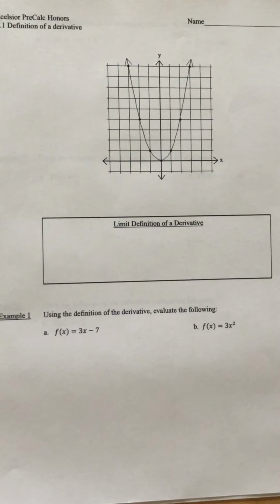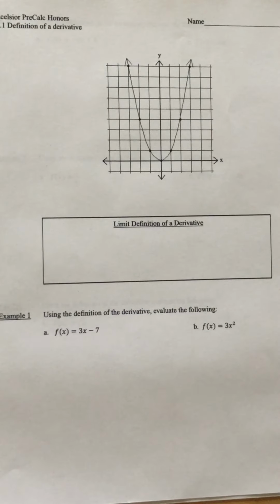Wherever you see an x, you're going to make it x plus h. So we're going to do 3 times x plus h minus 7. And then we're going to subtract the original function, so make sure you put parentheses. And that's going to be all over h. So we subbed it in. Wherever you see x, you replace it with x plus h.